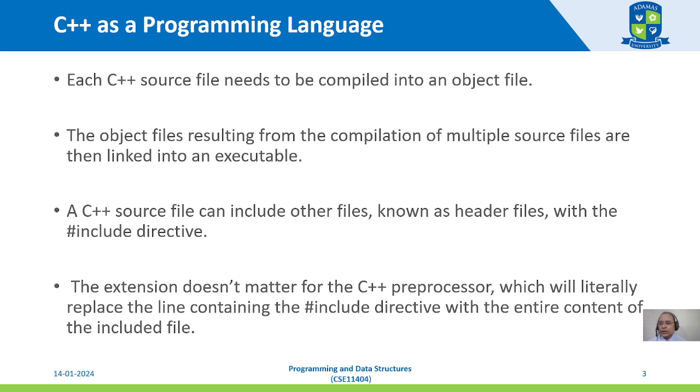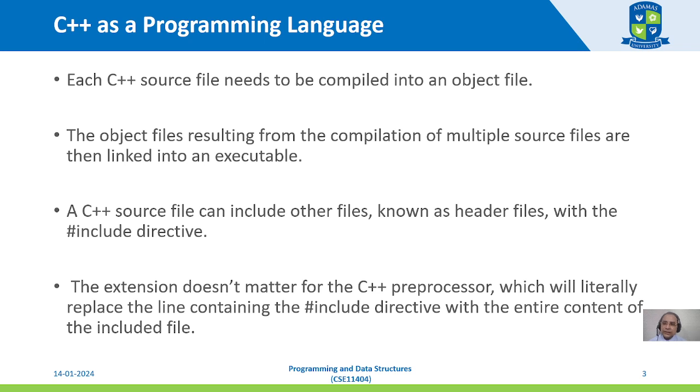In case of dynamic memory allocation in C, we use calloc, malloc, realloc, and to free the memory we use free. But in case of C++, dynamic memory allocation is done using the new operator.